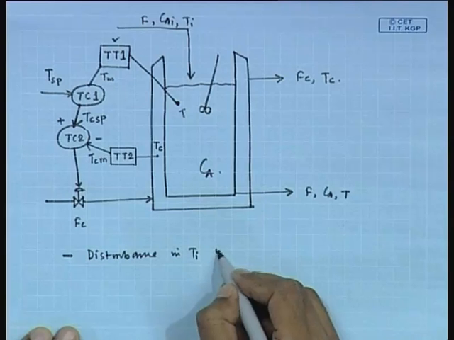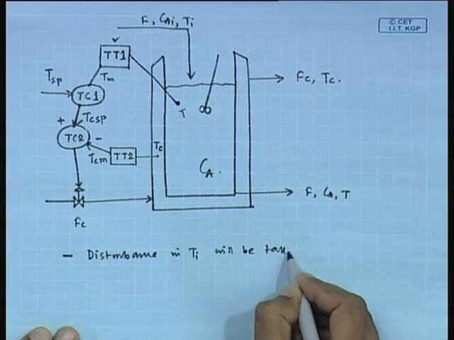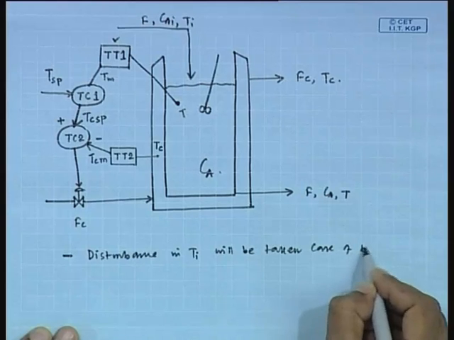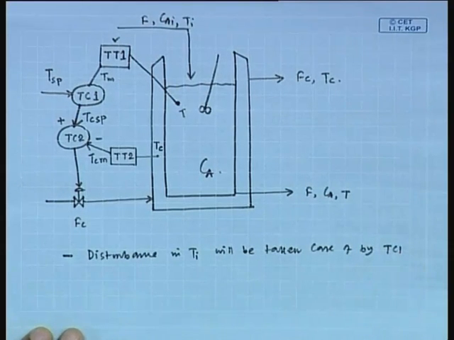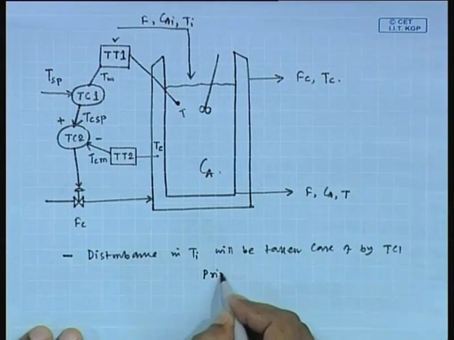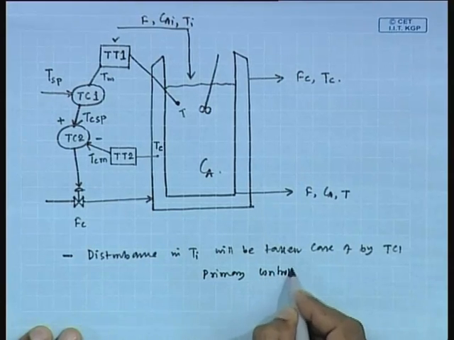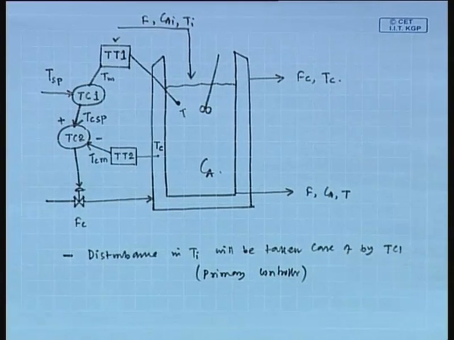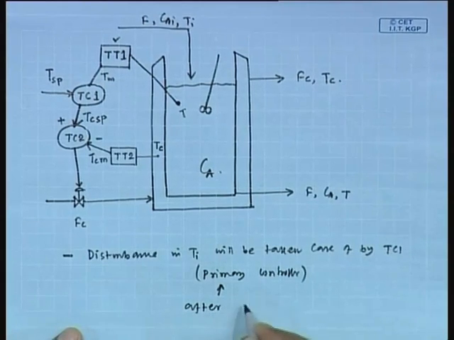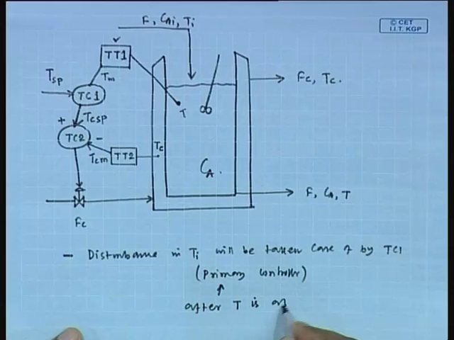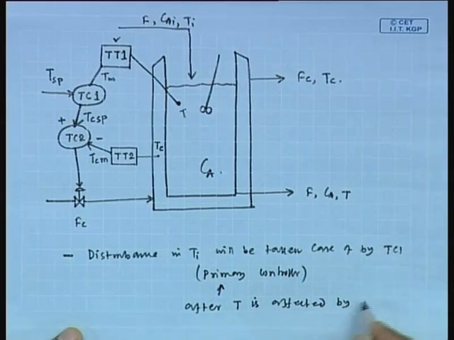So, disturbance in Ti will be taken care of by TC1. And this is done by the primary controller. TC1 is the primary controller. This primary controller basically takes action after T is affected by Ti.